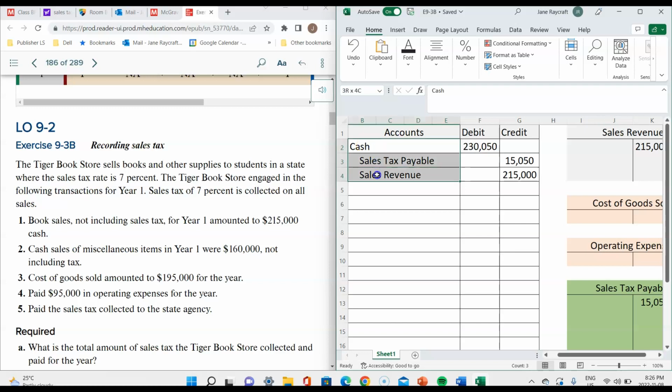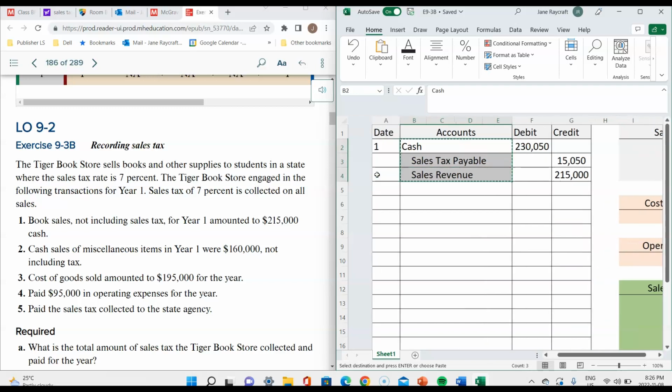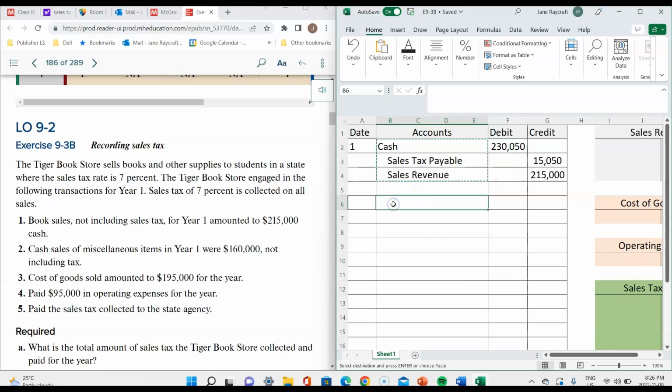So we're going to have these exact same accounts for transaction two. In transaction two, we've got miscellaneous items of $160,000, not including tax. So 160 grand, that's our revenue. The amount before tax, our sales tax is just going to be that amount times the 7%.